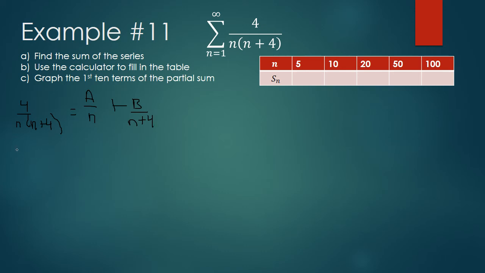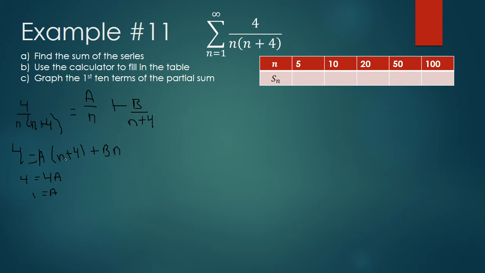Let's see what that's going to give me. That's 4 equals a times n plus 4 plus b times n. So 4a, if I let n equal 0, is equal to 4, which means a is equal to 1.